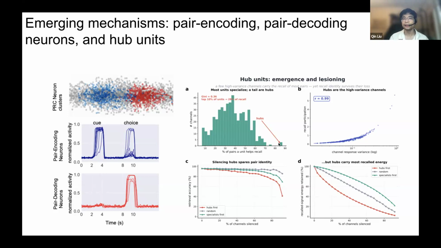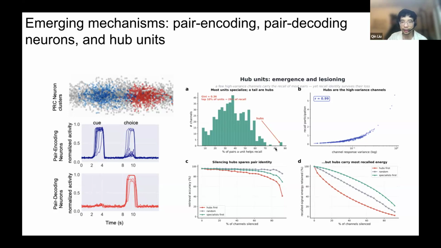They are almost active all the time. So I call them hub units. This finding matches the experimental literature that in our brain, some units are hub memory units that are involved in the encoding of many different types of memory.